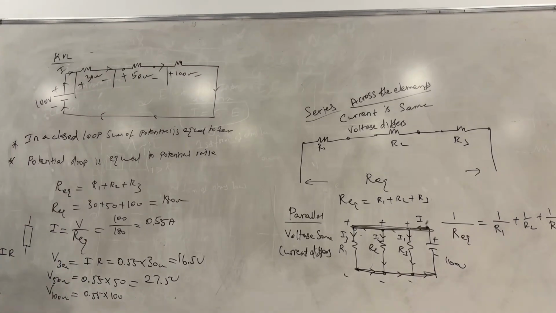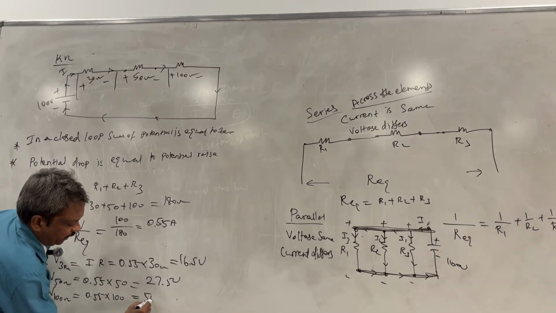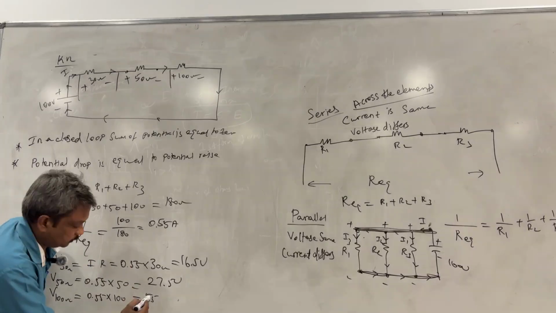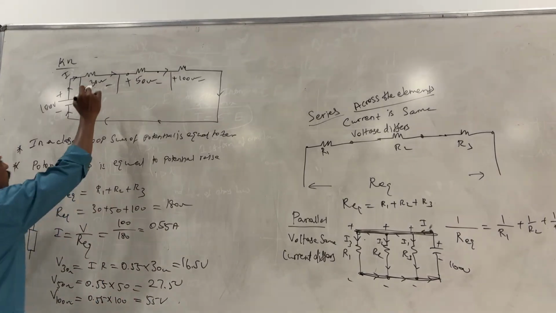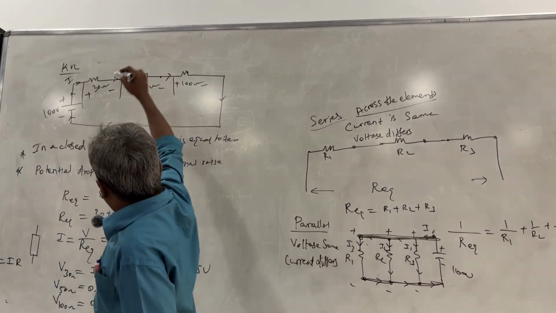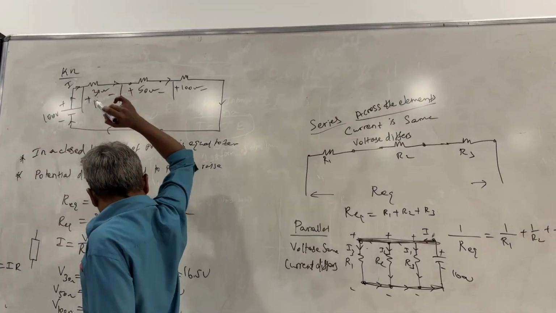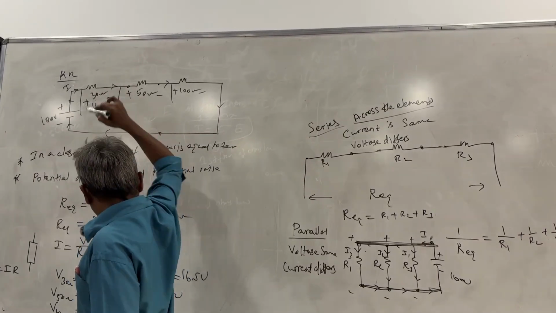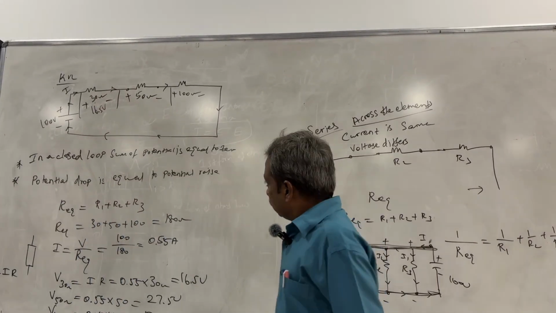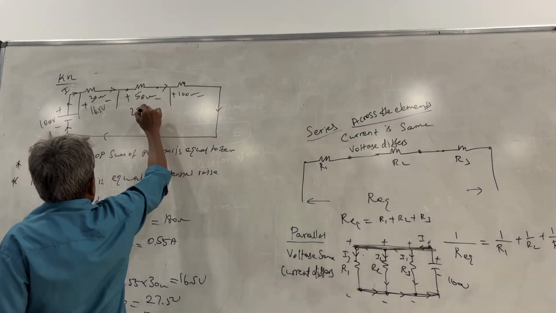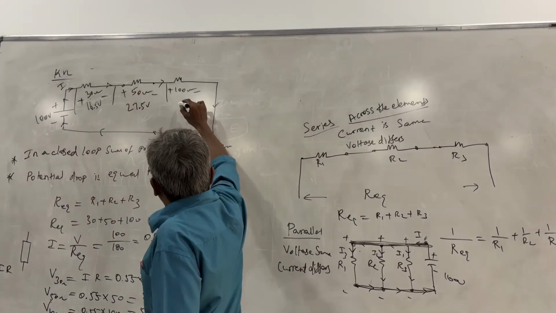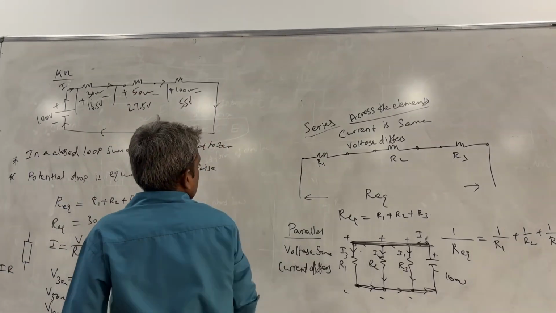What about this? 55. That's all. Okay. So these are all the voltages available at the individual resistances: 16.5 volt, 27.5 volt, 55 volt.